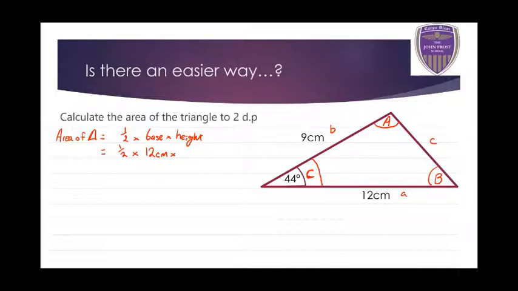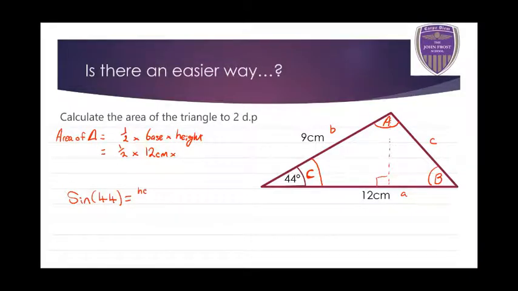But what you should have noticed every single time, if you look back at your workings out, is that we always used sine. So we always did sine of this angle, so sine 44 in this case. Sine 44 is equal to, if we were to draw the right angle in here again, the opposite, which would always be the height, which was unknown.